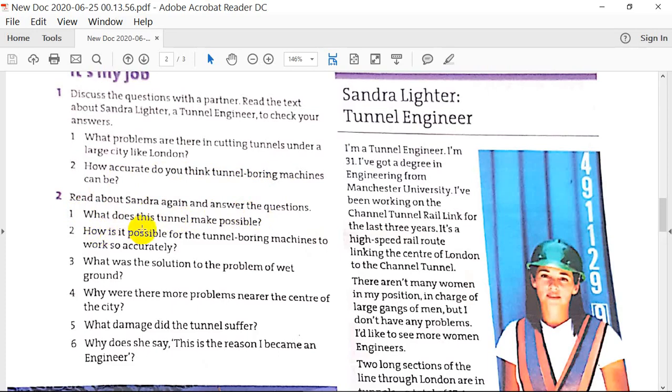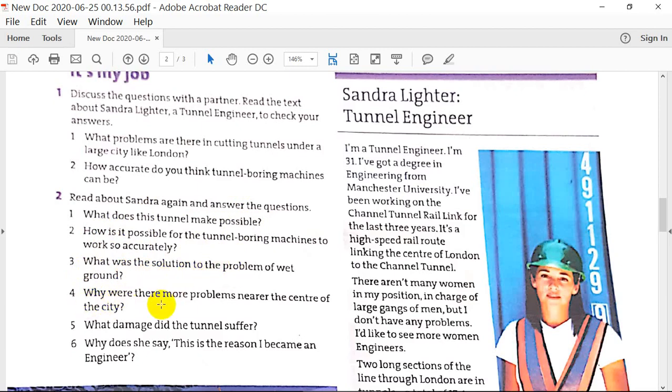What does this tunnel make possible? Number 2, how is it possible for the tunnel boring machines to work so accurately? What was the solution to the problem of wet ground?